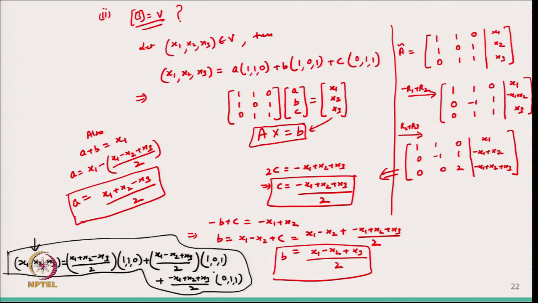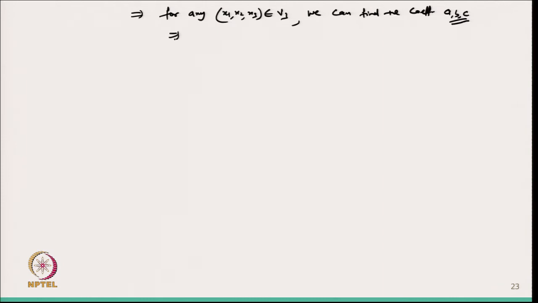So, from here I can say that for any x1, x2, x3 belonging to V3, we can find the coefficients A, B, C. So, I have taken any element and that can be written as a linear combination of this one.